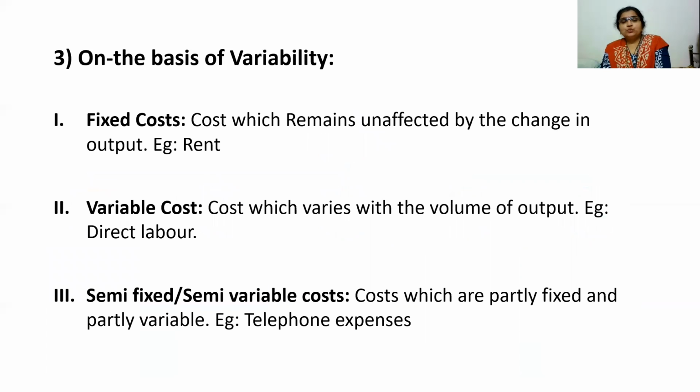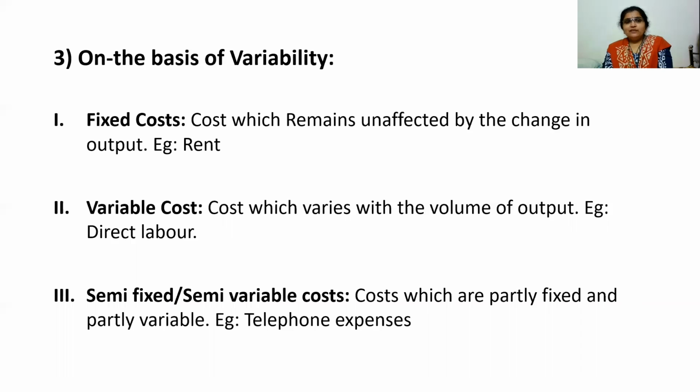Then we move towards another classification, on the basis of variability. On the basis of variability or behavior, we can classify the cost into three: fixed cost, variable cost and semi-fixed or semi-variable cost.